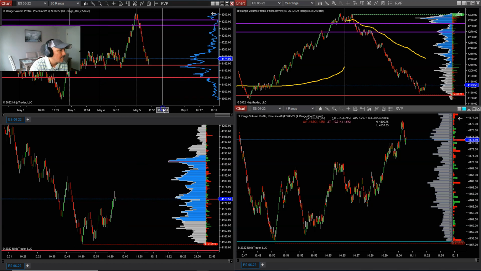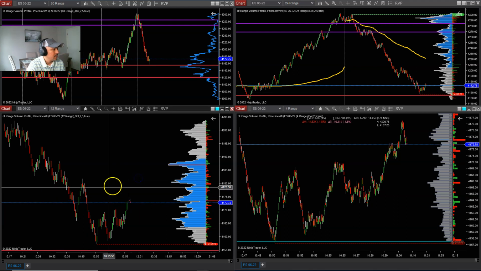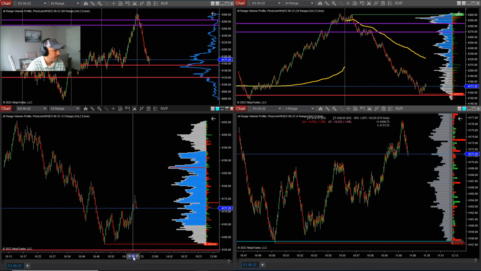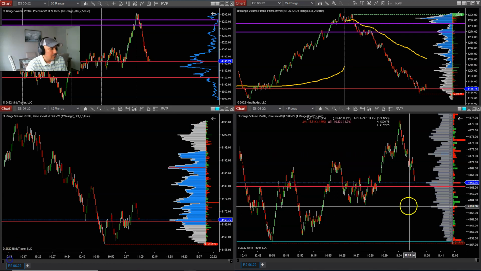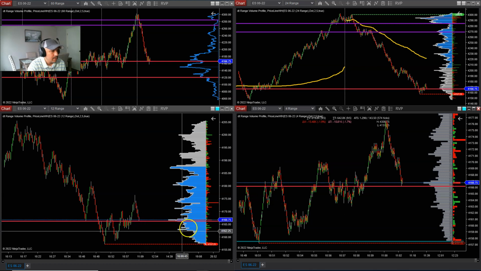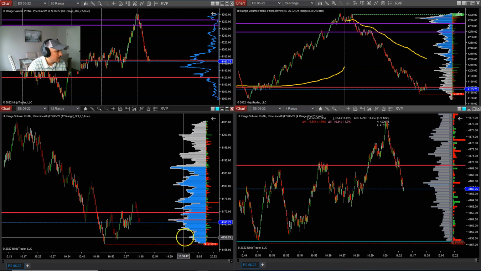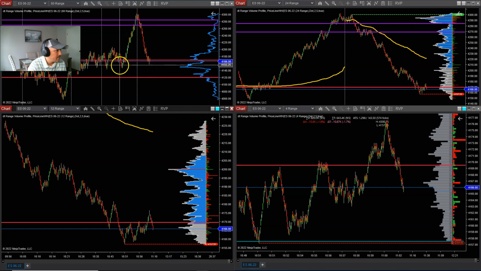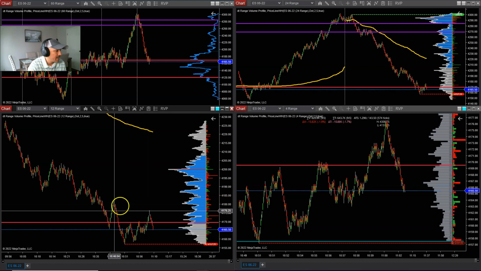Let's see. All right, it's projecting this area up here, and let's see what happens. So it came down here, its low right here, bounced off of it, started making these little higher highs and higher lows, breaking back into structure right here.